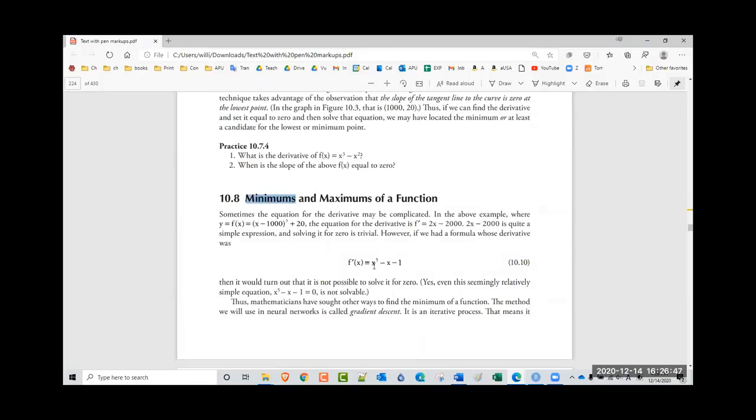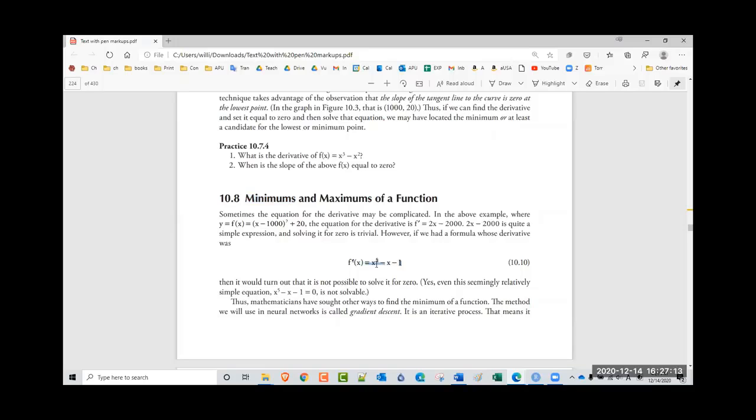But this function doesn't look like it's going to be that hard if we set it equal to 0 and look for the answer. It looks like that's not going to be too hard. But actually, it's impossible. You can't find the solution to that, I believe. That's what I said in the text. So then we're going to be stuck, right?